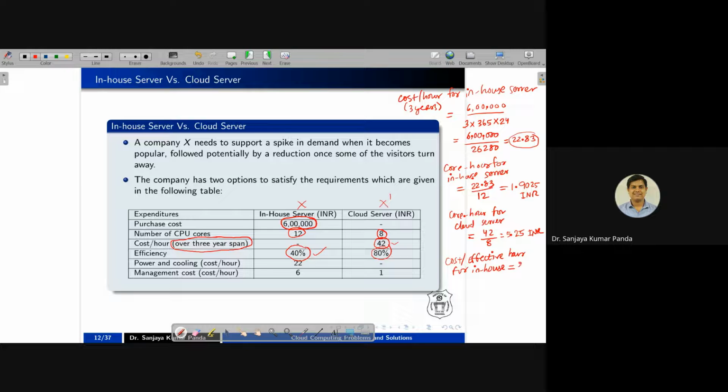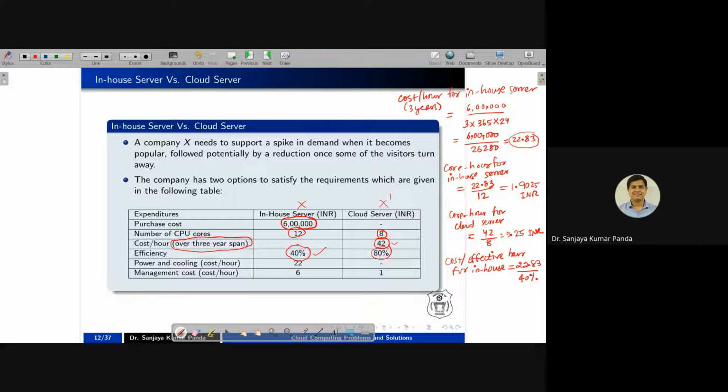So it is 22.83, and you are paying 22.83 with respect to 40% efficiency, but you have to calculate with respect to 100% efficiency, right?